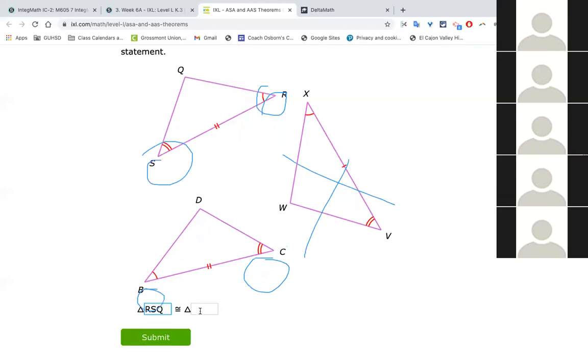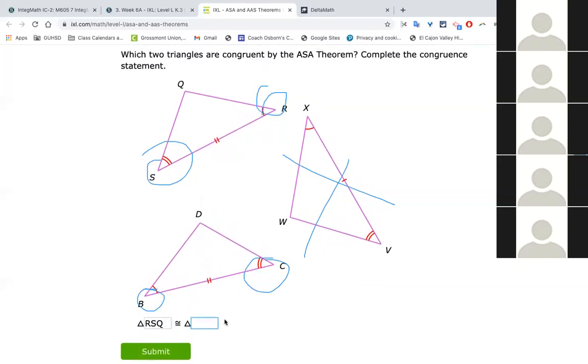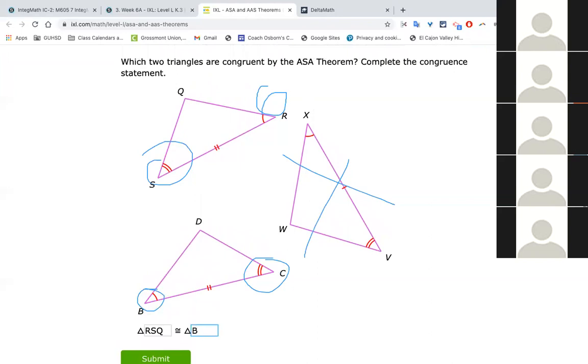Here, that means I would want to go B, C, and then D. I just got to make sure it matches up. That's the whole point of this one. And again, it tells you up here what theorem you have to use, ASA. So you basically just pick the one that doesn't match and then write the statement.